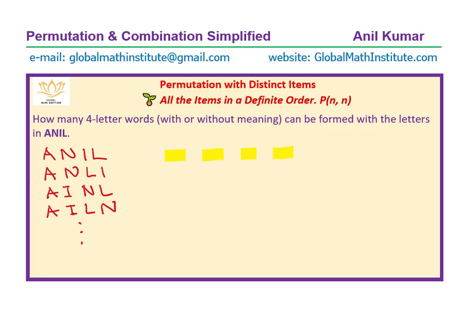And with each, we were left with two more positions to fill, and then only one. In this case, what happens? We can now select any one of these four letters. So we have A, N, I, L, four letters in the first position. So we have four choices.